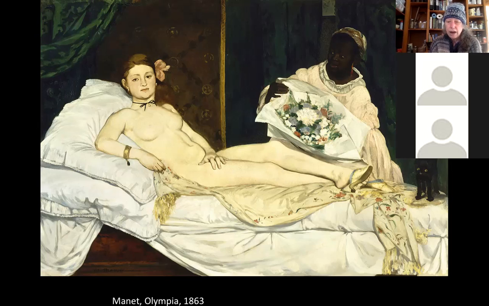There was a whole hierarchy of prostitution in Paris at the time, with streetwalkers at the bottom, and then these sort of courtesans or mid-level prostitutes who didn't actually try to solicit men on the street, but they were still prostitutes. And then you had these high-end courtesans who were sort of kept women. And everybody knew about that in Paris. It was just something that middle-class people didn't talk about. But here, Manet has sort of put it in your face.